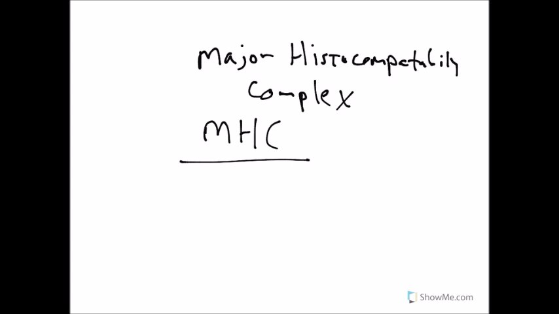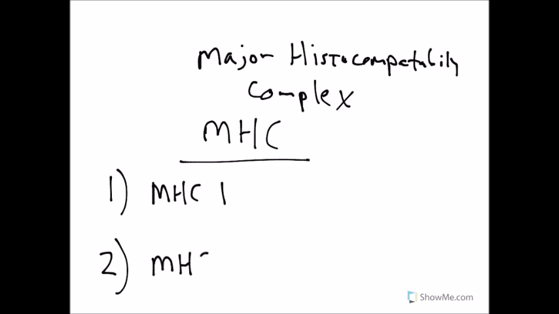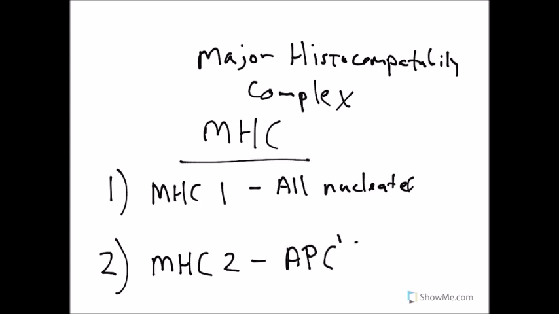These are glycoproteins, and they're on the cell surface of many cells. They come in two types: either MHC class 1 proteins or MHC class 2. MHC1s are found on all nucleated cells, whereas MHC2s are only found on antigen-presenting cells, abbreviated APCs.